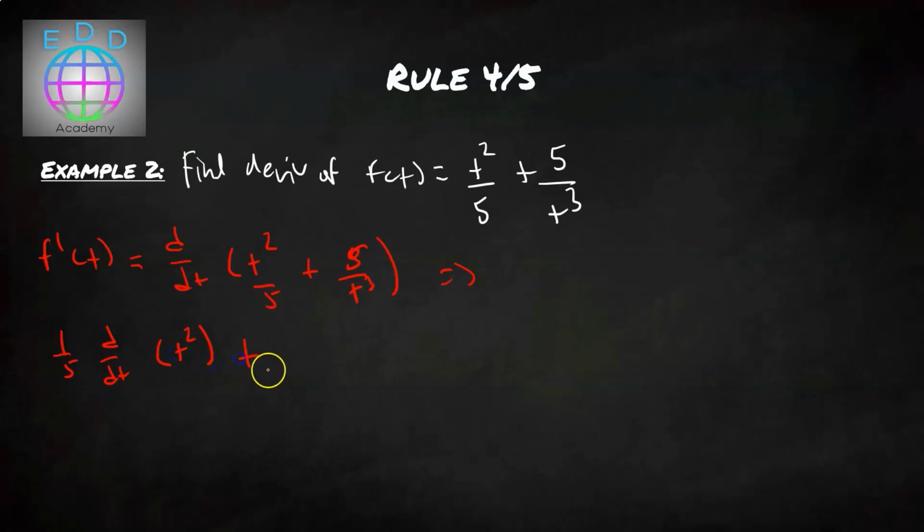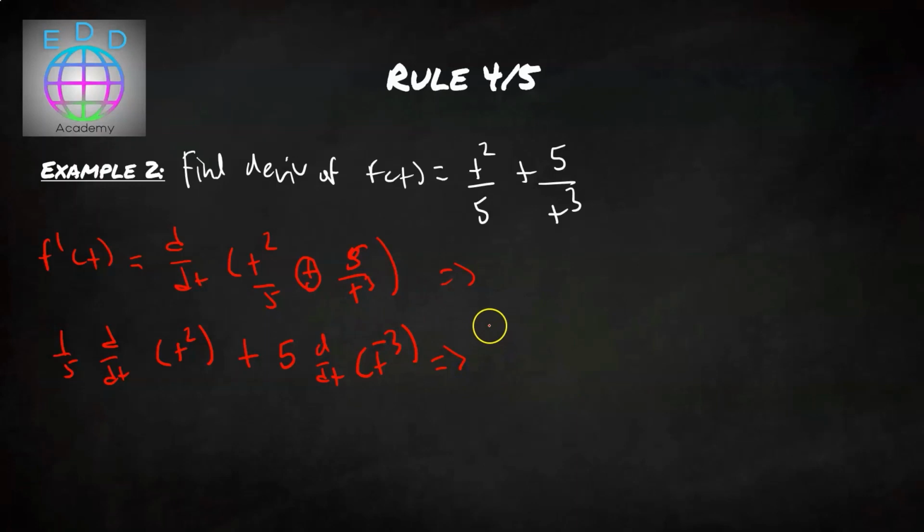And then once again, using our sum rule, because there is a plus sign right there, the c value, the coefficient in this expression, is clearly 5. So we can write plus 5 times the derivative d dt of t cubed, which is t to the negative 3 power because it's in the denominator.